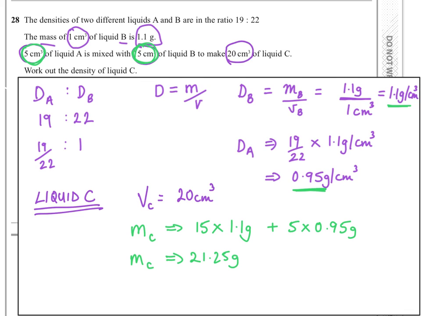So we're home and dry now, because we can now say that the density of liquid C is the total mass of it, which is 21.25 grams, over the volume, which, don't forget, it told us 20 centimetre cubes, and that gives us, I'll check on my calculator, divide by 20, and I get 1.0625 grams per centimetre cubed.